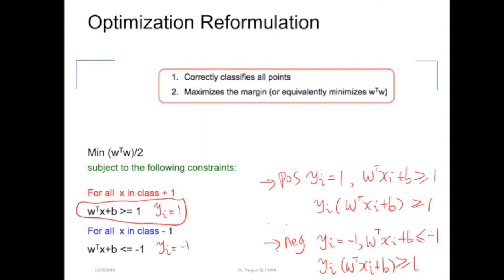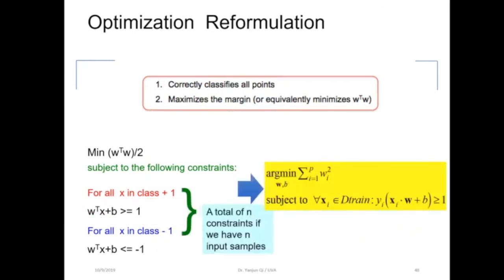And in the negative case, because yi equals minus 1, and you require this part smaller or equal to minus 1, then the multiplication should be larger or equal to 1. And this just combines the different formulations into one equation: yi times w transpose xi plus b larger or equal to 1. And this is the final formulation.